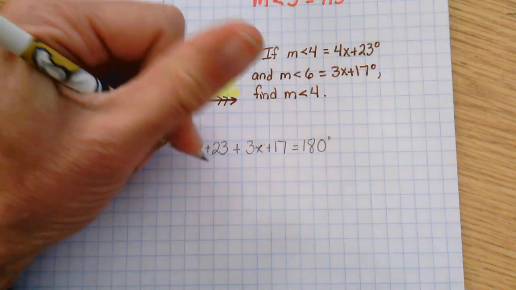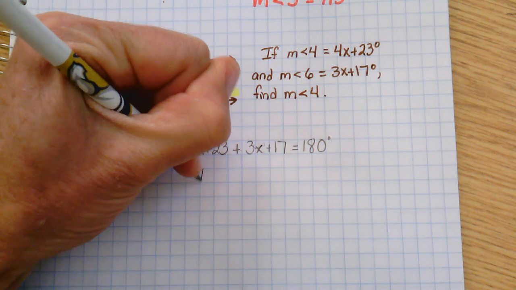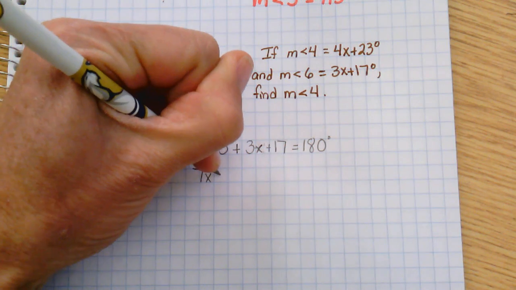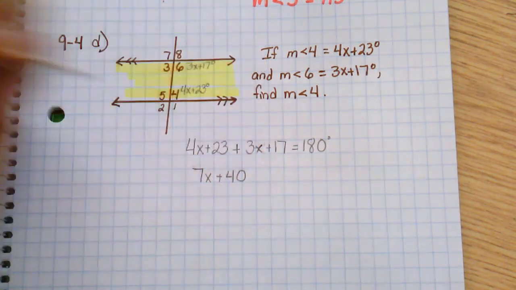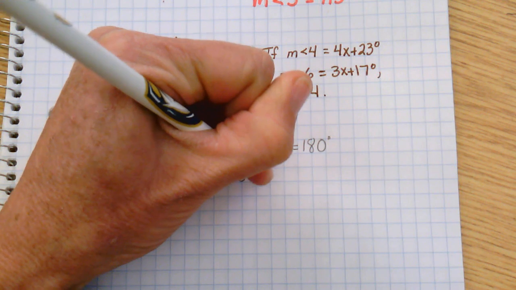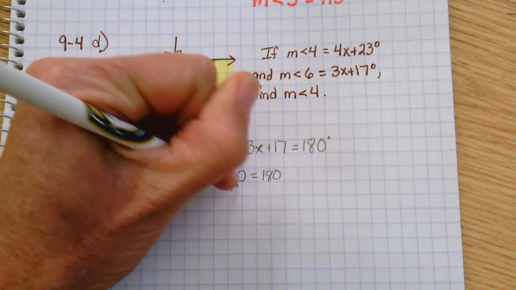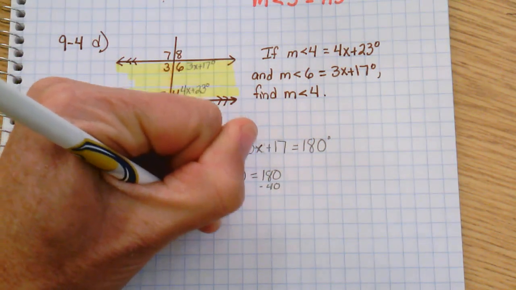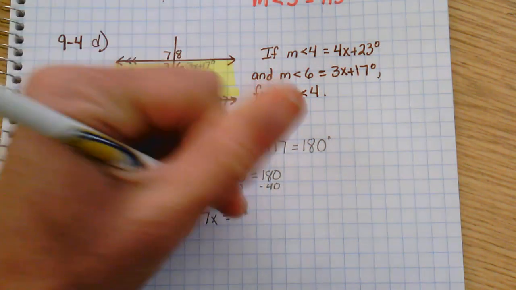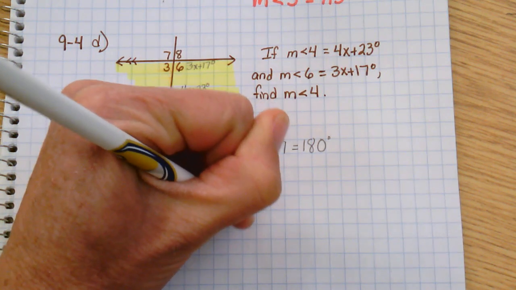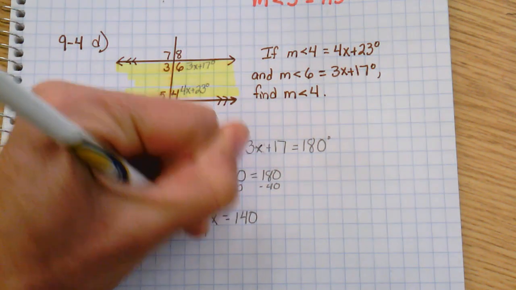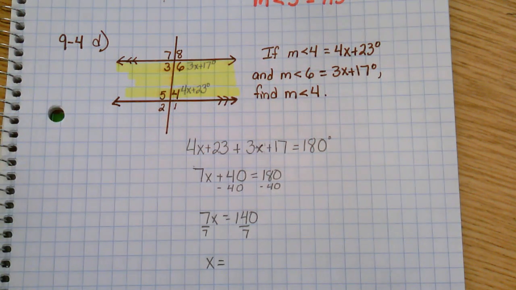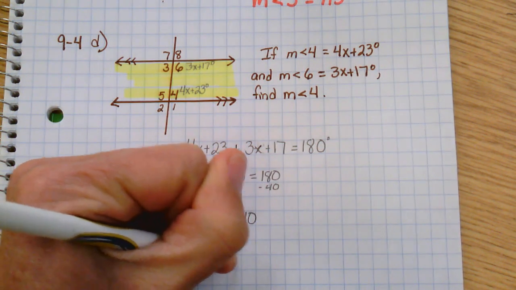Combine like terms. 4x plus 3x is 7x. 23 plus 17 is 40, and that equals 180. Now I'll subtract 40 from each side of our equation. We get 7x equals 140. Divide each side by 7. And we find that x is equal to 20.